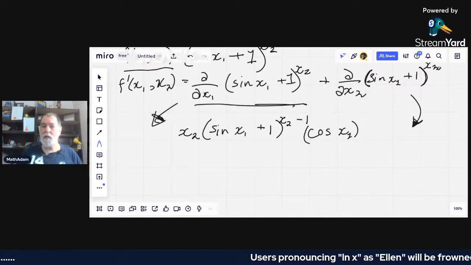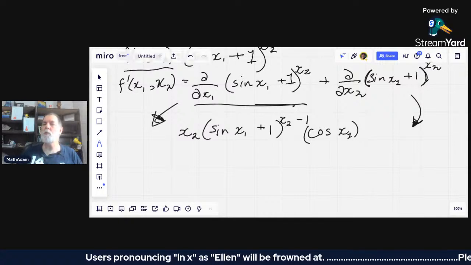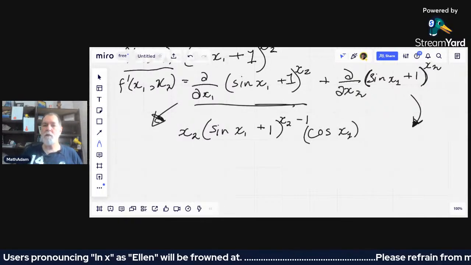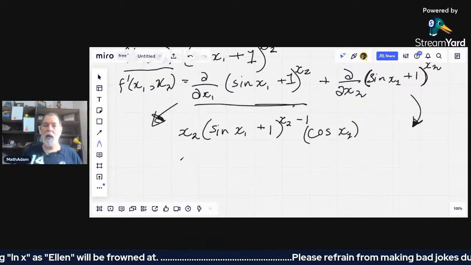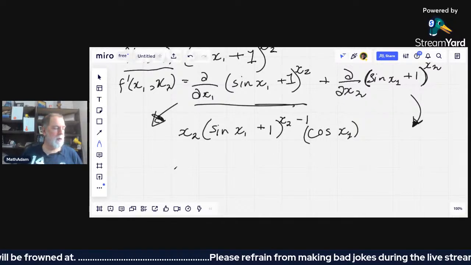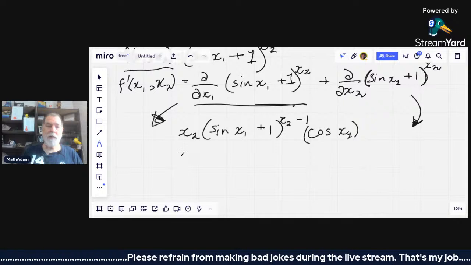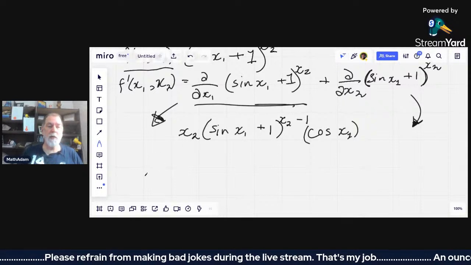And then now we'll do this bit. And here, that looks like an N, but that's a really ugly 2. It's a fancy 2. It looks like a bird. So now we're differentiating with respect to x sub 2. Now it's going to be an exponential. And how do we deal with that?